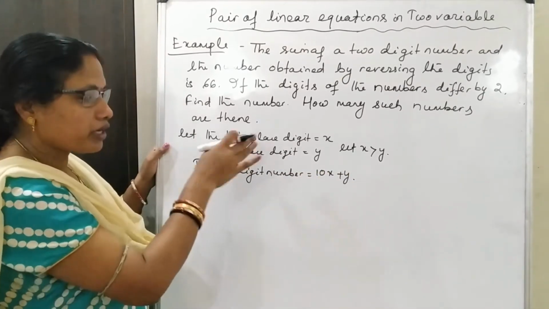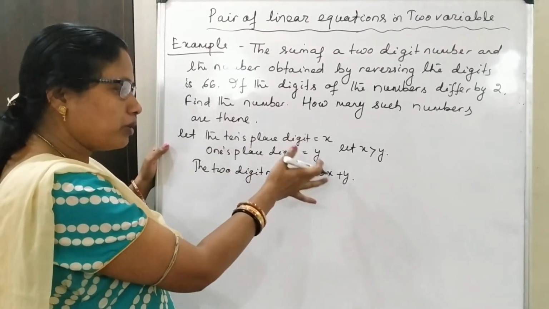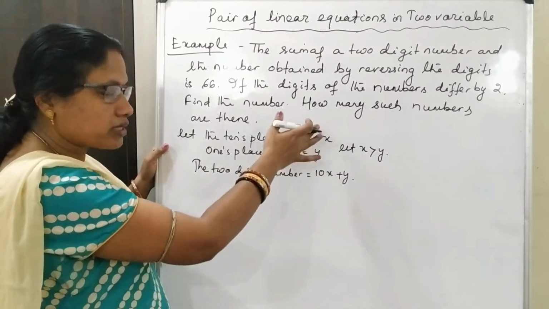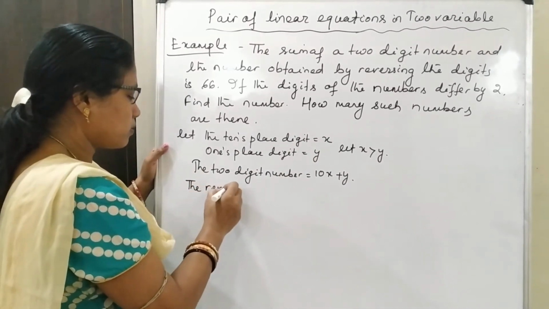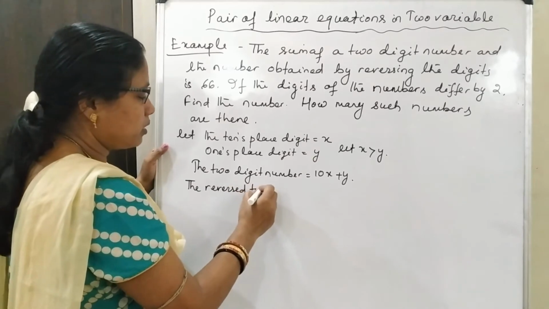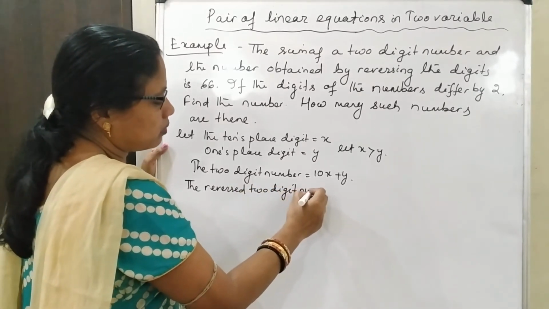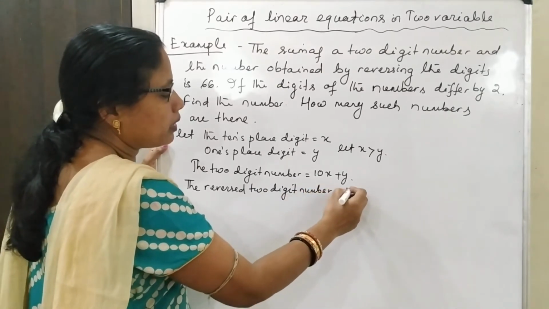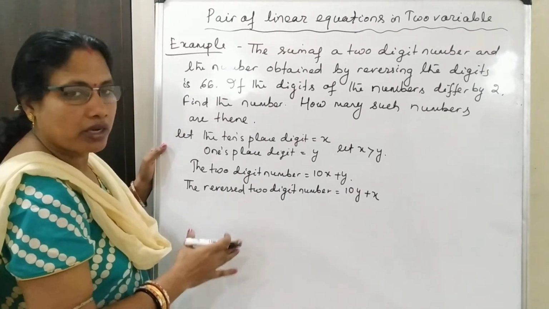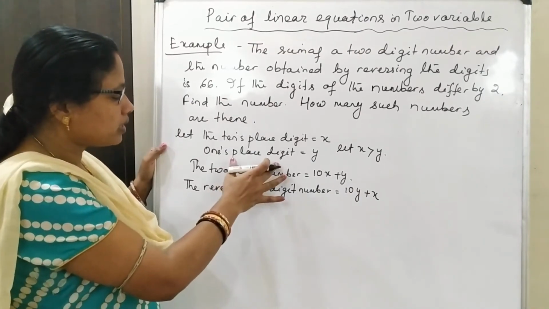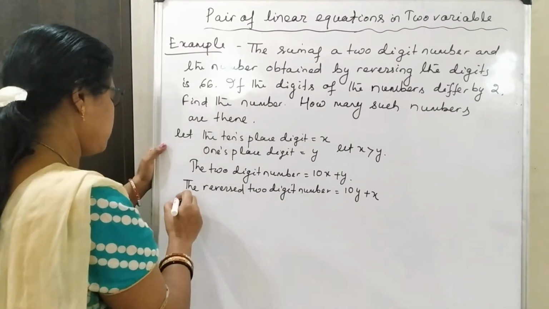Then what will be the reverse number? Reverse number means the tens place digit will be y and the ones place digit will be x. So the reverse two-digit number will be 10y plus x. So according to the question, the sum of the original two-digit number and the reverse two-digit number is 66.